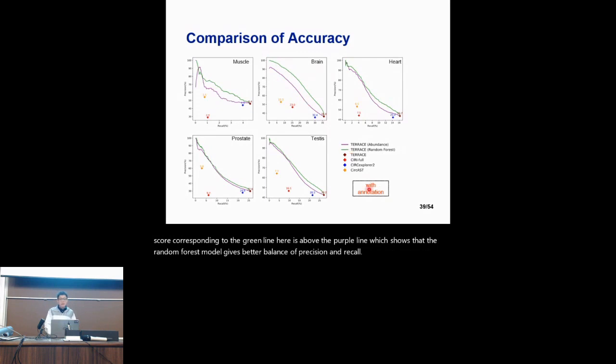So this is the result when the reference annotation is available. We are able to identify more methods to compare with. And the conclusion is the same. We are more accurate, and the random forest method gives a better precision-recall curve.